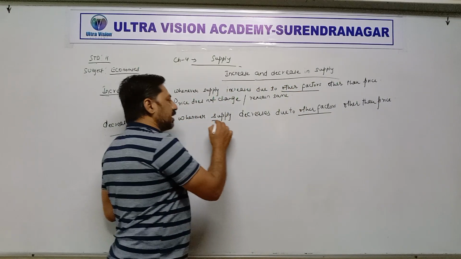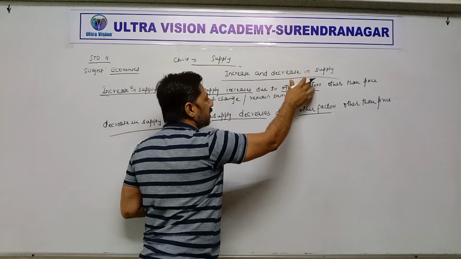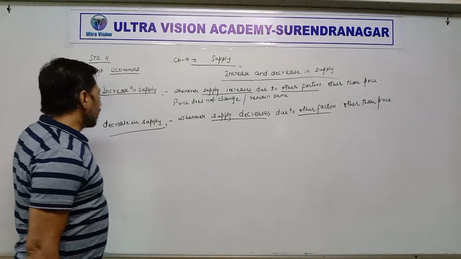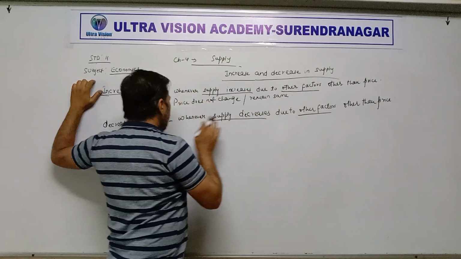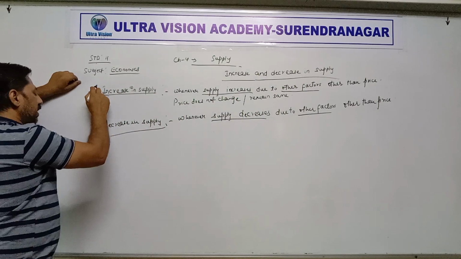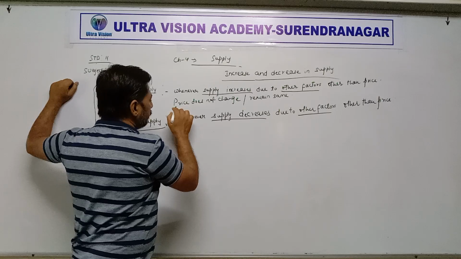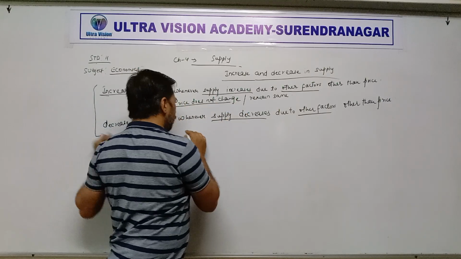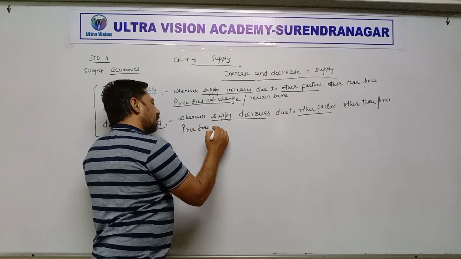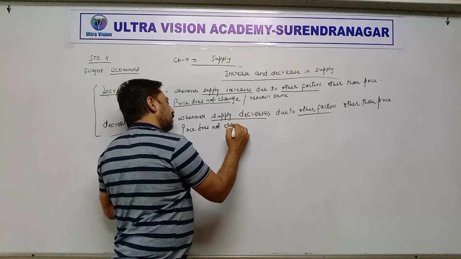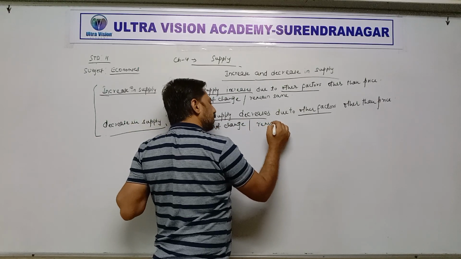So if supply increases due to other factors, it is called increase in supply. If supply decreases due to other factors, it is called decrease in supply. In both increase and decrease in supply, price remains same, price does not change.